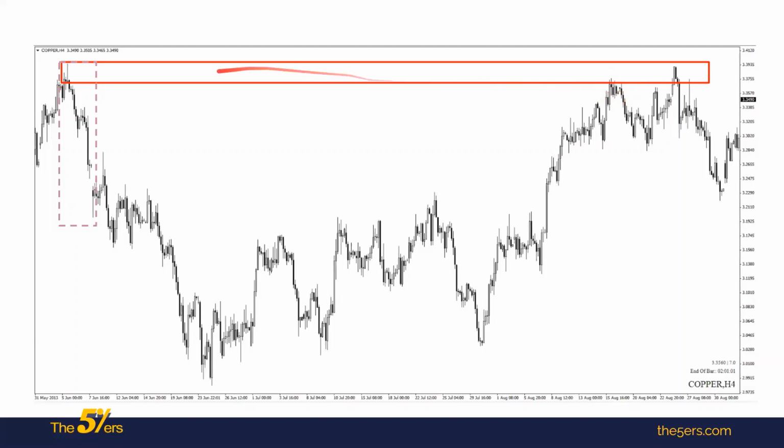And once price has already visited that zone, this zone is no longer in your trading profile. And that will basically keep you out of trouble in the market.